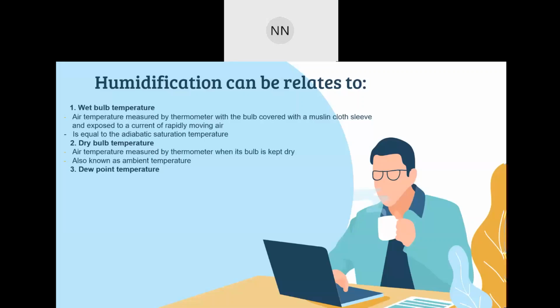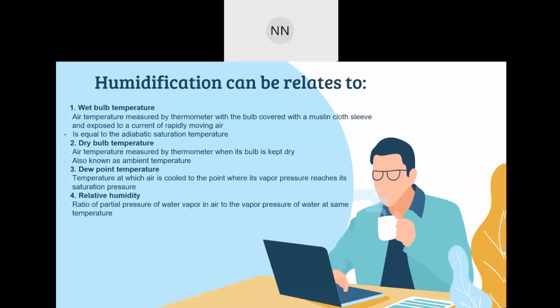Next, dew point temperature. Dew point temperature is the temperature at which air is cooled to the point where its vapor pressure reaches its saturation pressure. Relative humidity is the ratio of the partial pressure of water vapor in air to the vapor pressure of water at the same temperature. Next, absolute humidity.